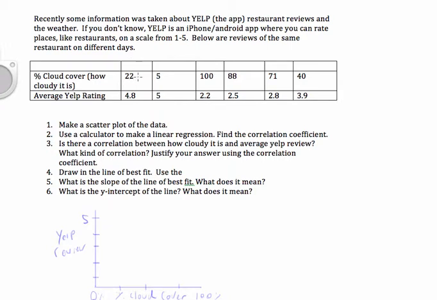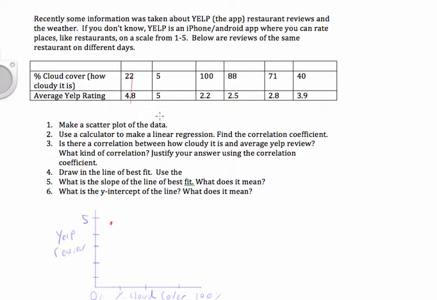The first data point, 22% cloud cover, 4.8 review. So I'm going to find where 22% is. I'll make this dot in red. 22% is right here, and at 22%, the average rating is 4.8, so that's a dot right here.